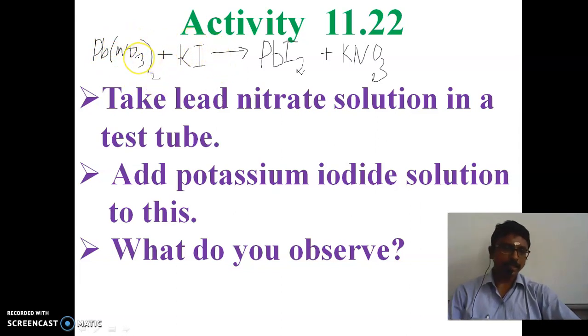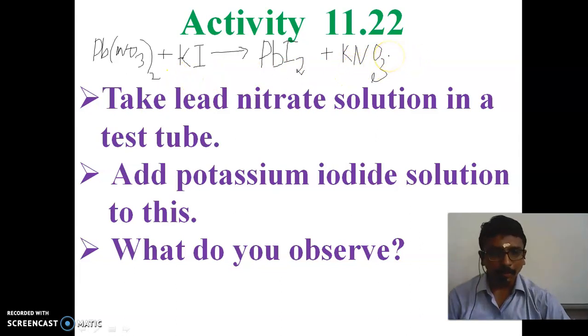Iodide will be exchanged here. So what is the product which will be formed? Lead iodide, PbI2. You can see the iodide is replaced by nitrate, NO3. So what is the product here you can get? Potassium nitrate.